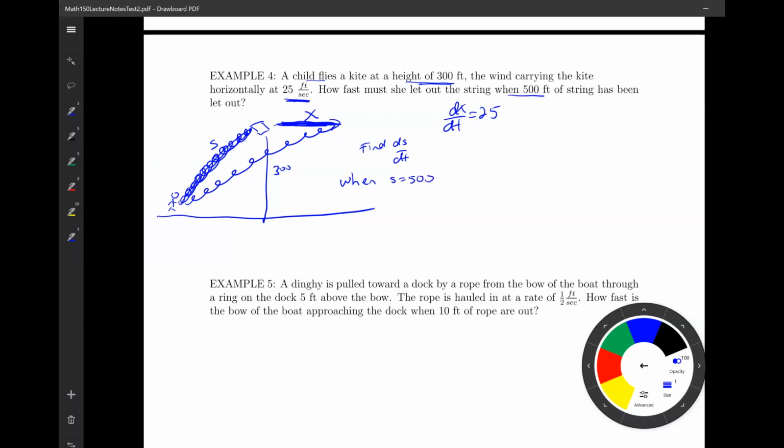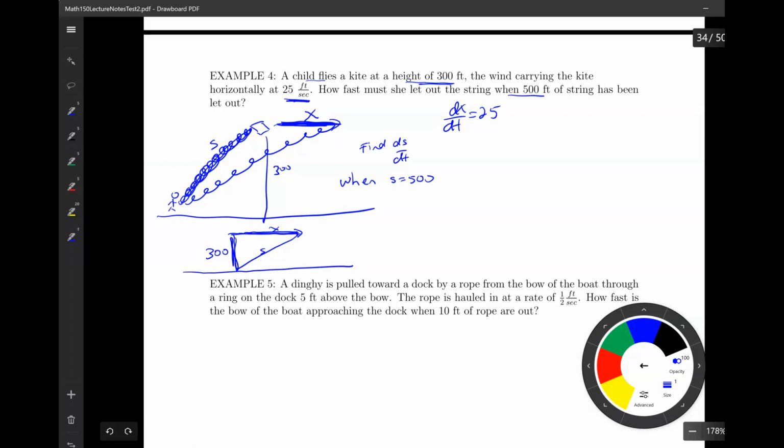All right, looks like I need an equation. So I've drawn kind of a messy graph here. So I've got this distance x up here, this string, right? So string is kind of flying with the kite, and then this distance of 300, right, that the kite is above the ground.